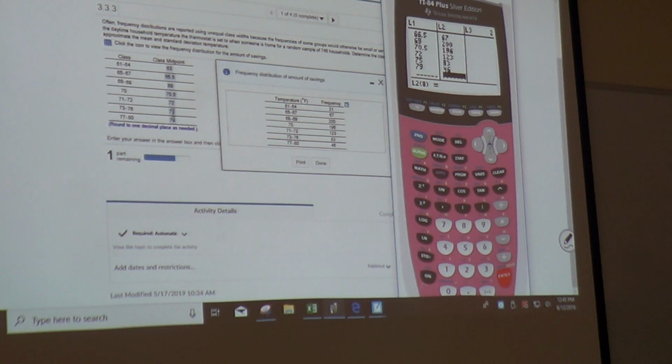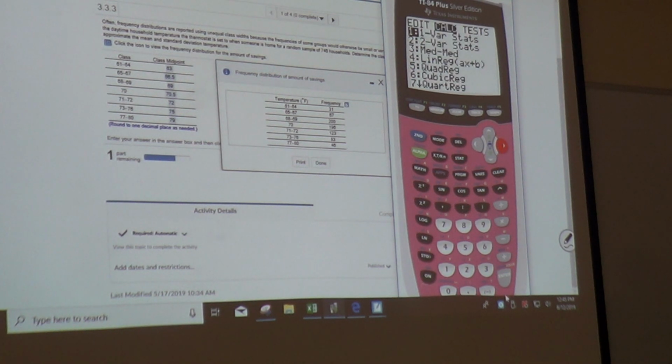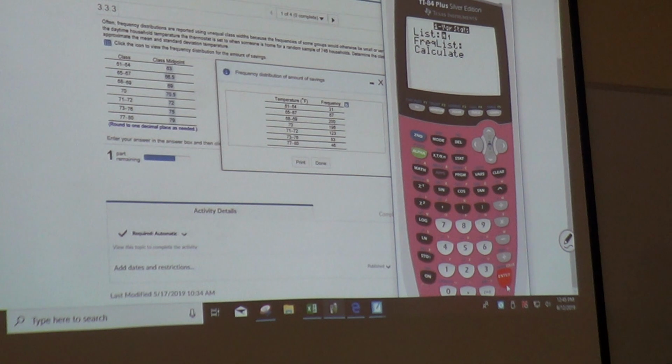So I've got my midpoints, and I just got my frequency from that little table right there. Then I'm going to do stat calc, 1-Var Stats. I am using 2 sets of data, so I have L1, and now I'm going to do L2.